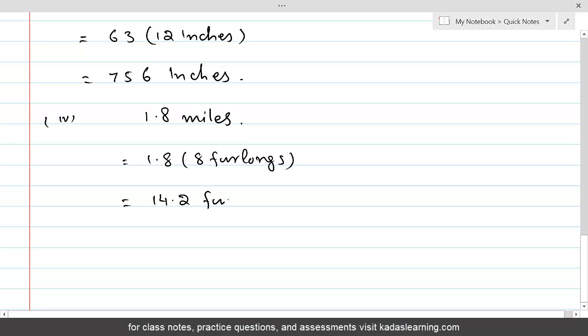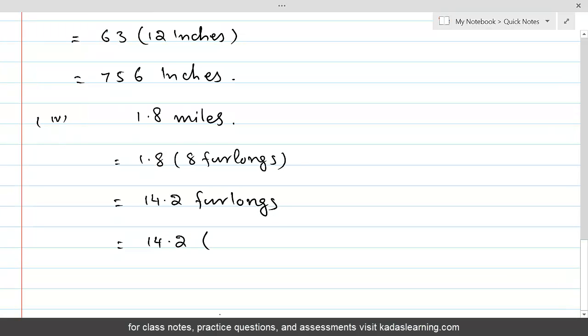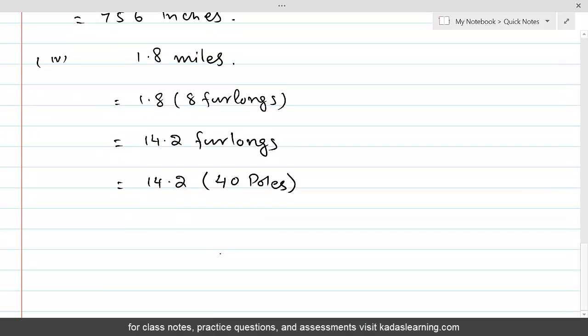And now let's convert furlongs into poles or rods. 14.2 times 40 poles. Perch, rod, pole, these are one and the same thing. So let's write it for poles, and 14.2 times 40 will be equal to 576 poles.